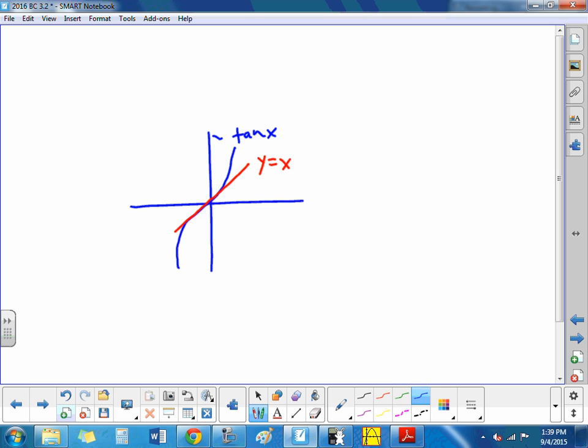And if you're zooming in real close, you cannot tell the difference. That's why their ratio is 1 when you're near the origin. And what's the slope of y equals x? Always and forever, 1. So what's the slope of tan x when you're near the origin? 1. Yes, not 0. Not like the secant graph, right?